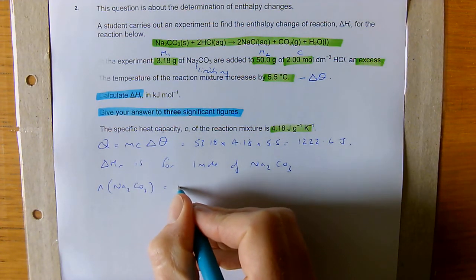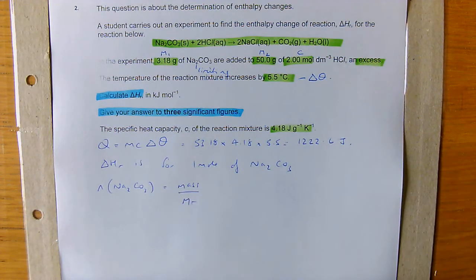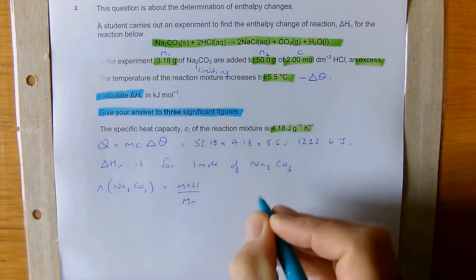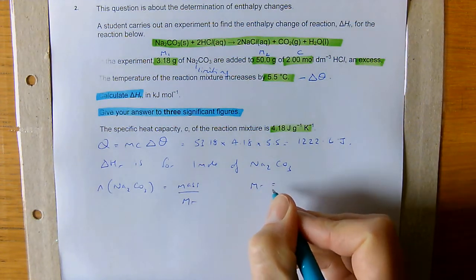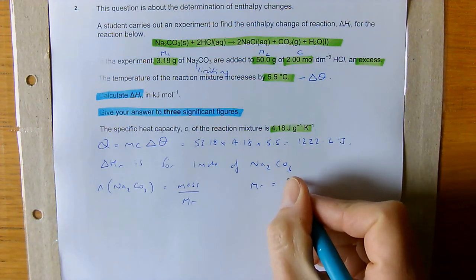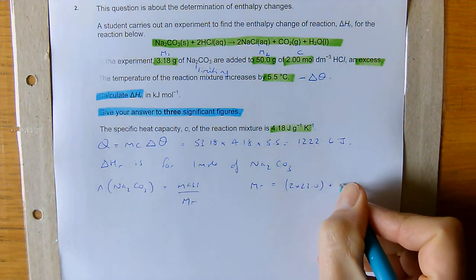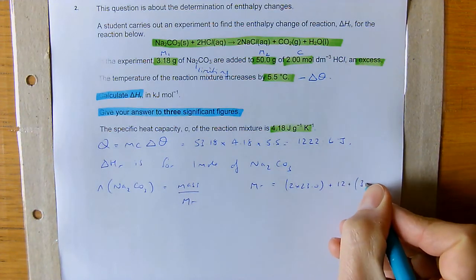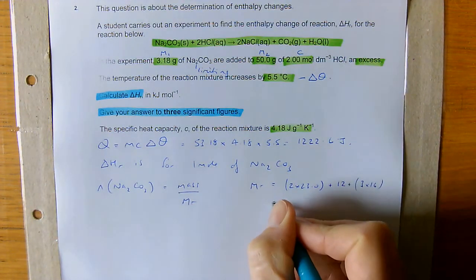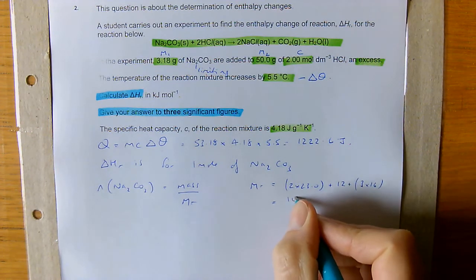So our moles of sodium carbonate equals the mass over the MR. Work out the MR, which is equal to sodium, which is 23.0, so we've got two of those, plus 12 for the carbon, plus 3 times 16, and that works out as 106.